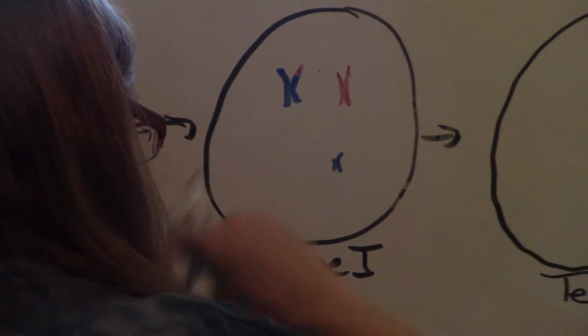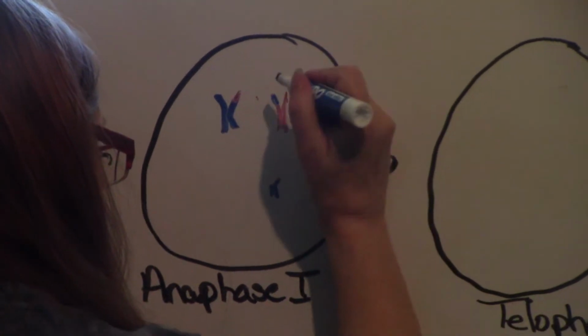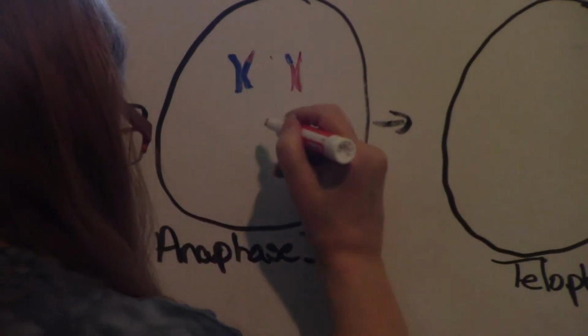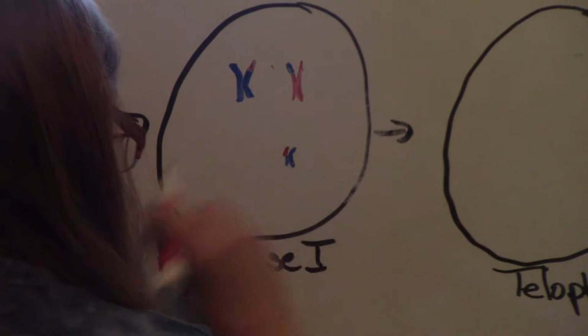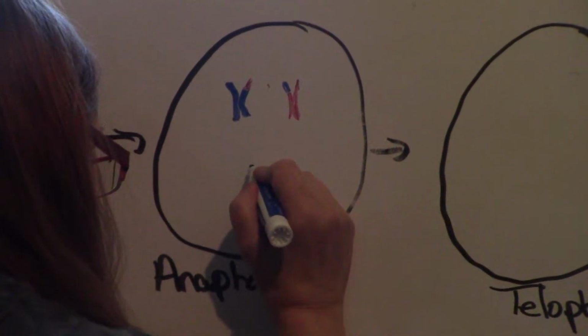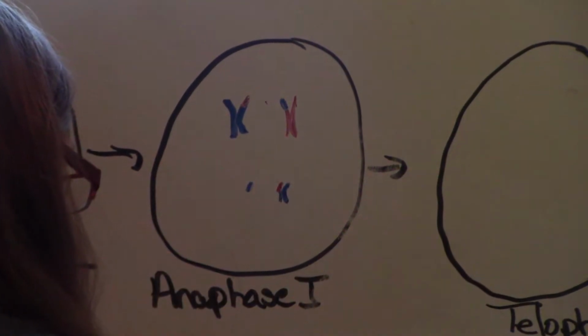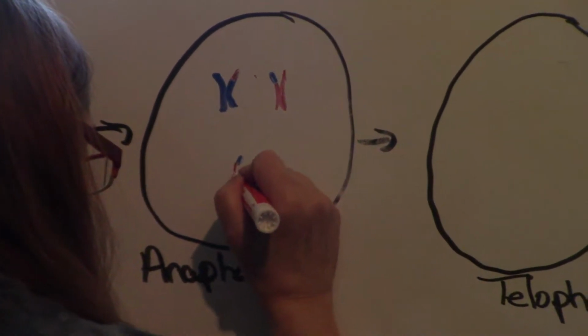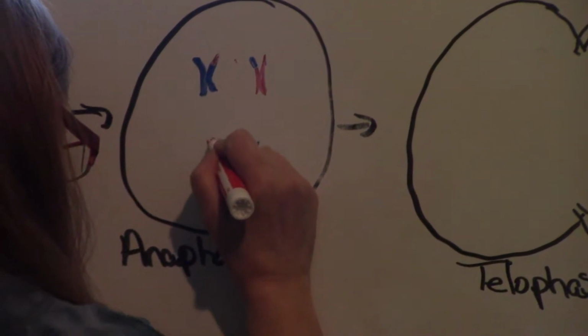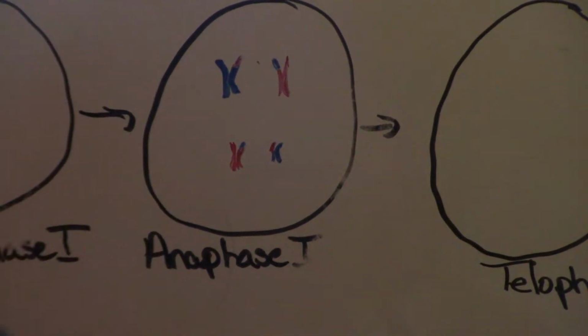What we have pulled apart are homologs instead of sister chromatids.